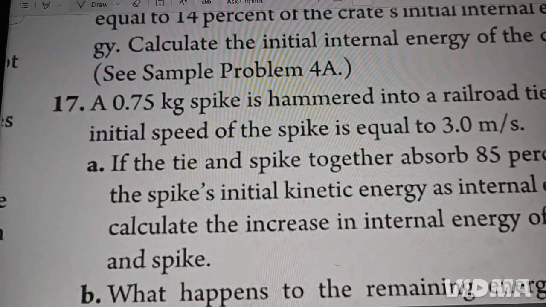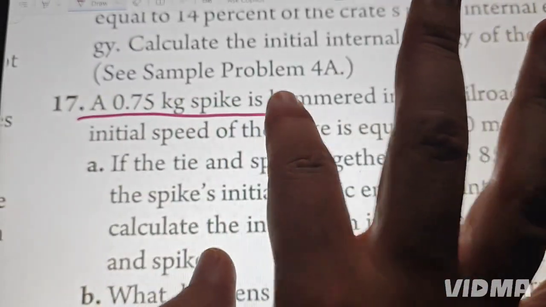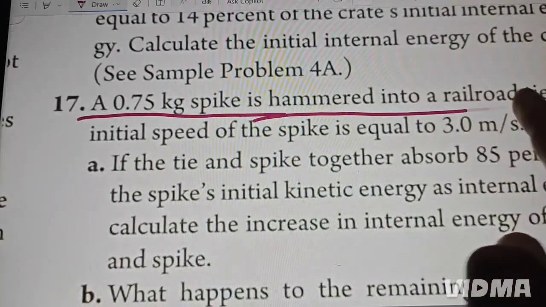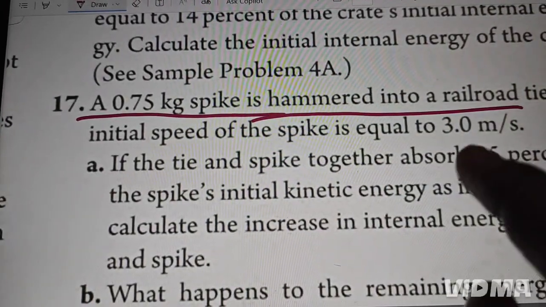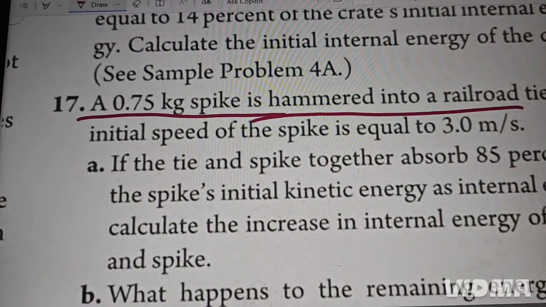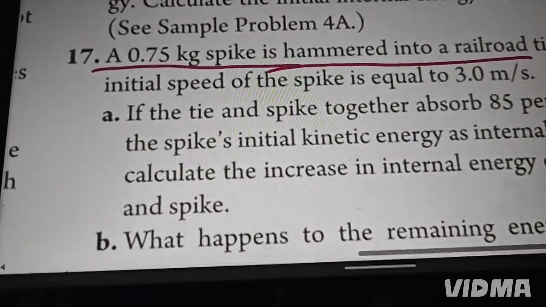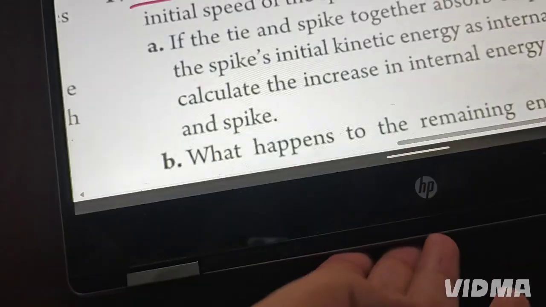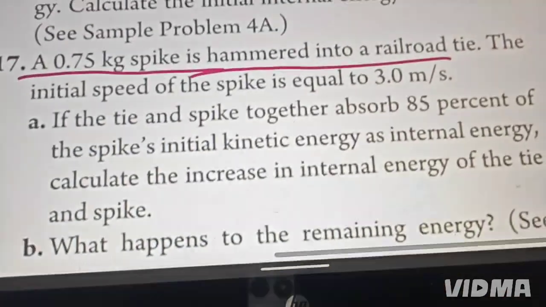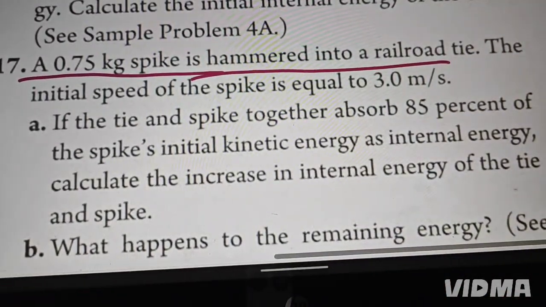Look, question 17. The question said a 0.75 kilogram spike is hammered into a railroad tie. So in here we have this question.